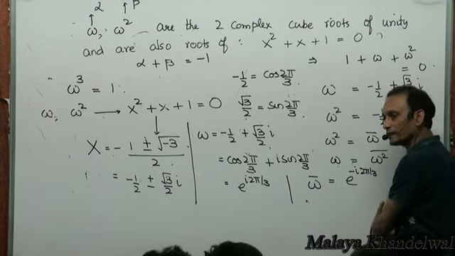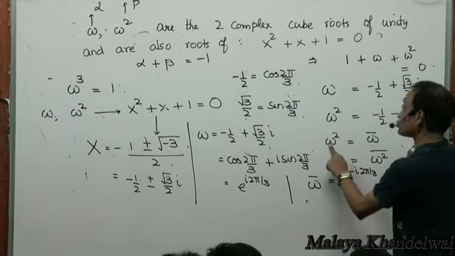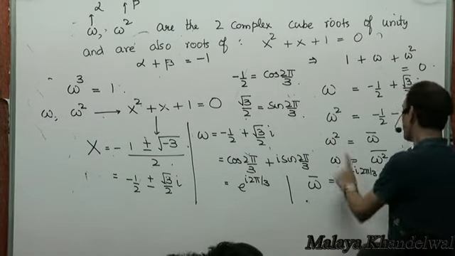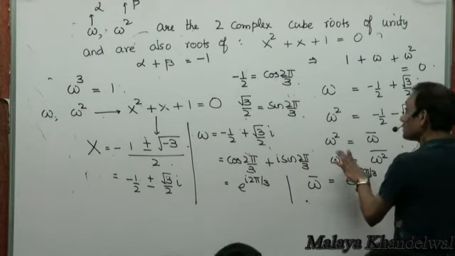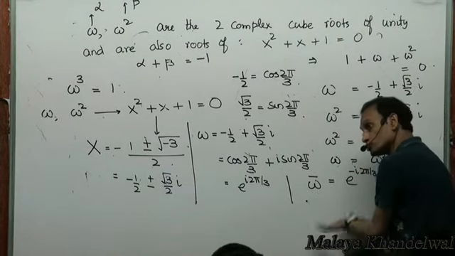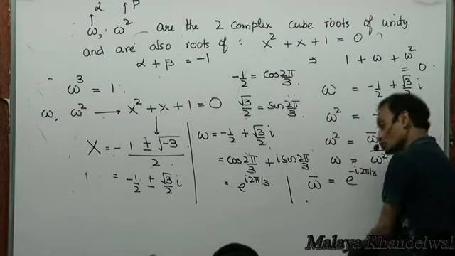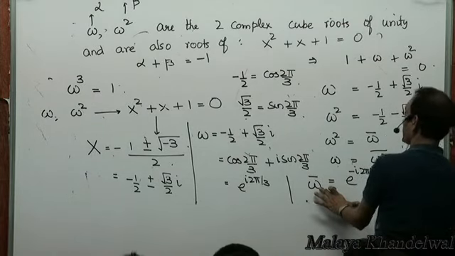E power minus i 2 pi by 3, right? But do you realize that omega bar is also omega square? Because the two complex cube roots of unity are conjugates of each other. So omega bar is the same as omega squared.